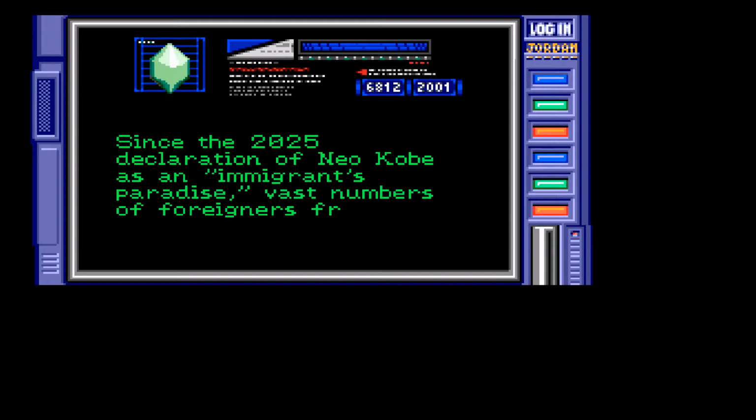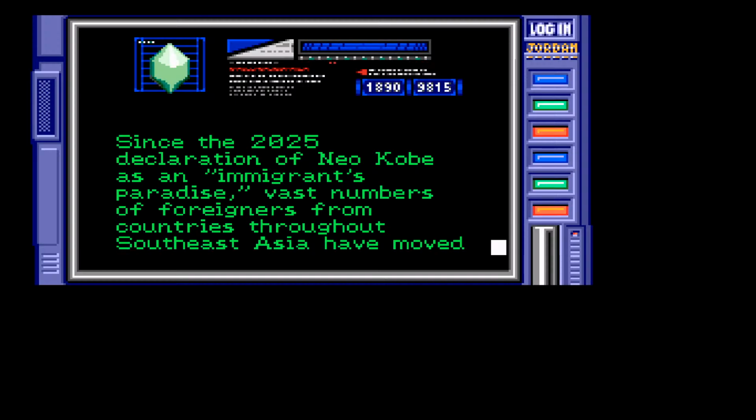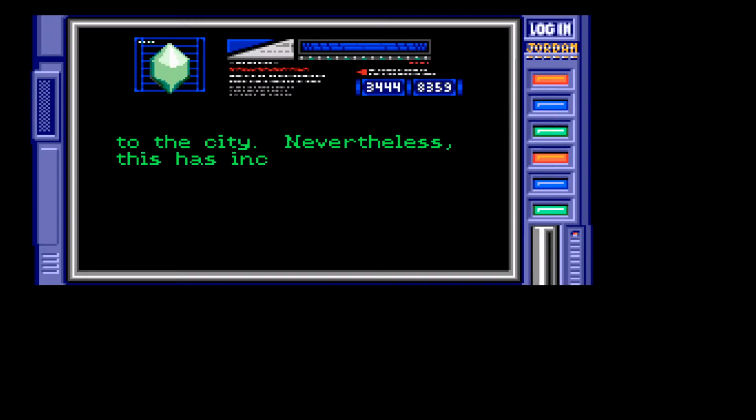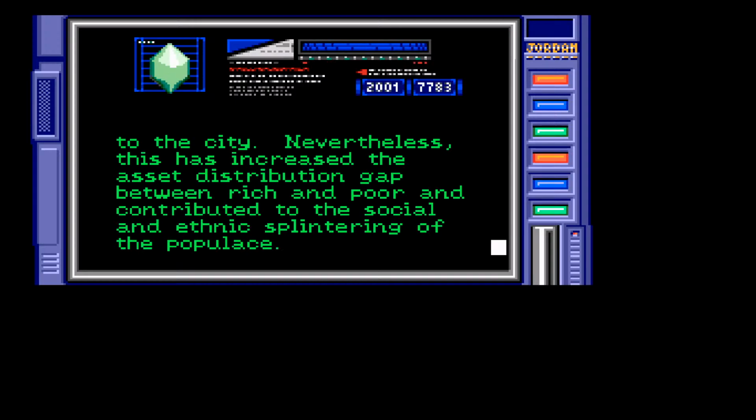North-South problem? Since the 2025 declaration of Kobe as an immigrant's paradise, vast numbers of foreigners from countries throughout Southeast Asia have moved to the city. Nevertheless, this has increased the asset distribution gap between rich and poor and contributed to the social and ethnic splintering of the populace.